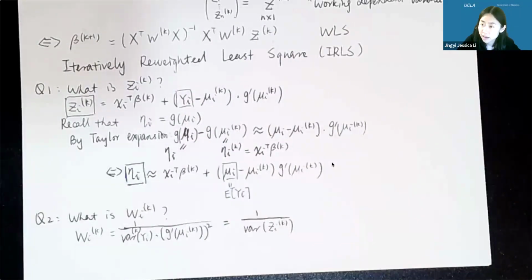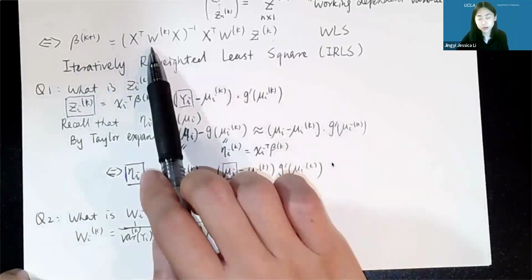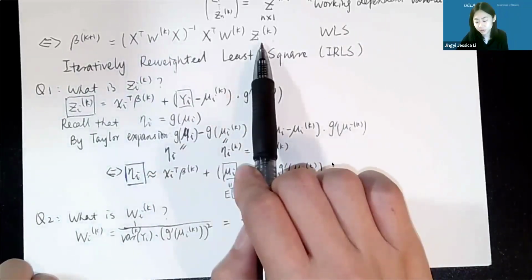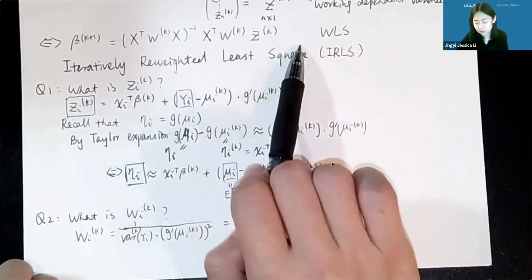Okay, any questions so far about the working response variable in the iteration? In each iteration, we need to update the weights and we need to update the working dependent variable.